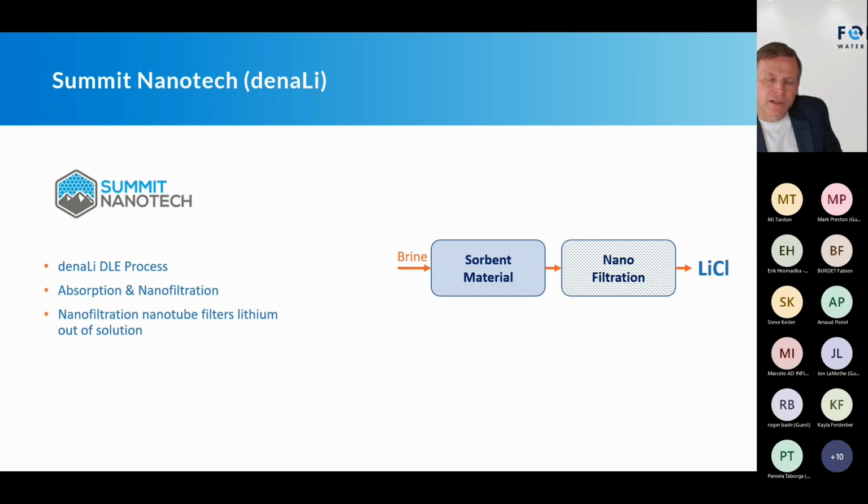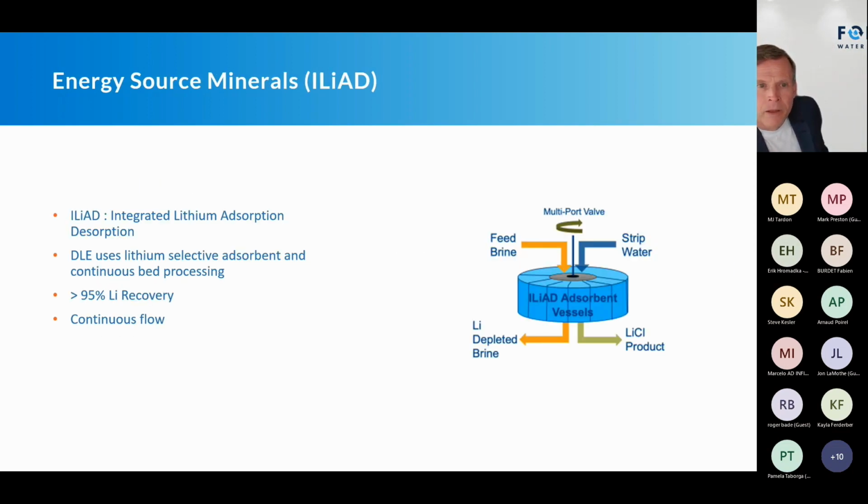They take the absorbent material, elute it, and then pass it through nanotube filters, which have been designed specifically to be selective for lithium. So it's not just one material, it is a process that they've put together for the elution and refinement of the lithium. A little bit of a different take using nanotubes.